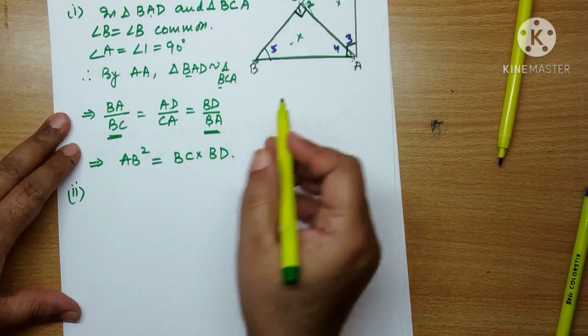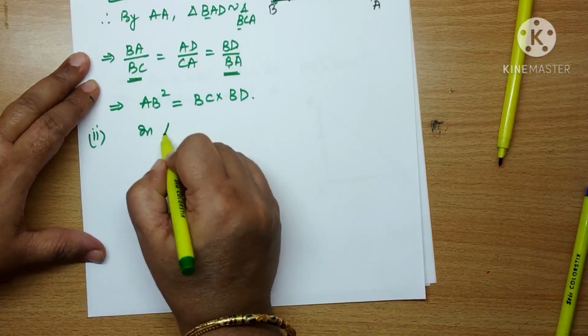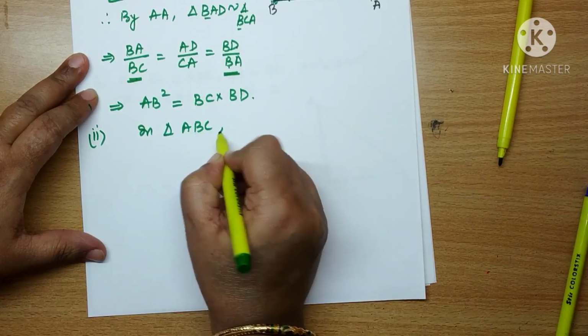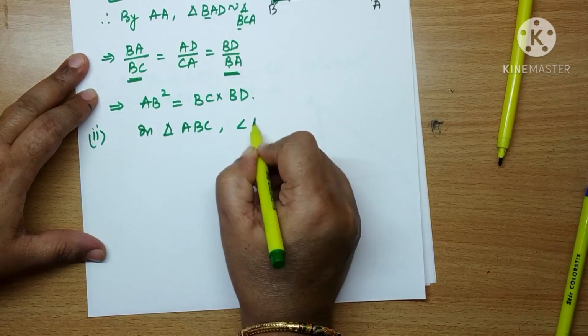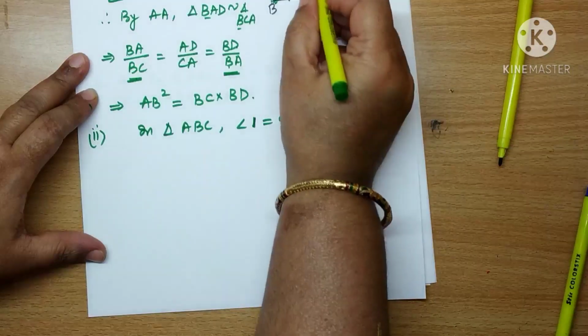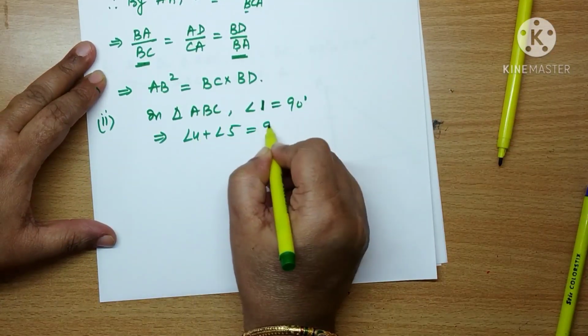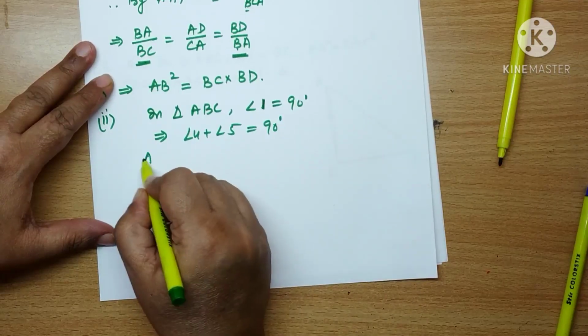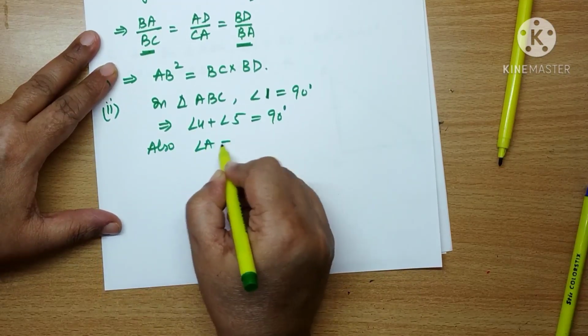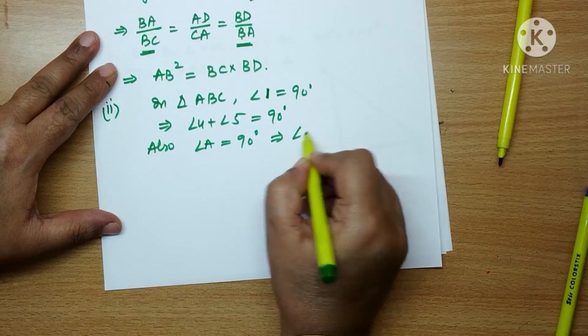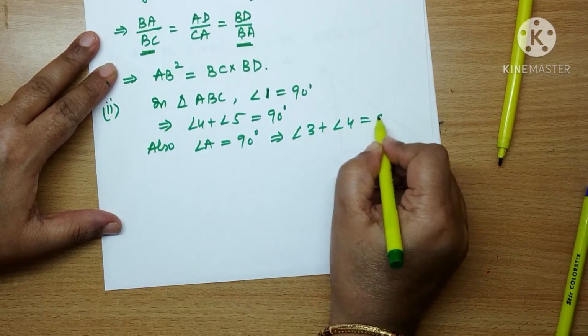Now in triangle ABC, I have angle 1 is 90. If angle 1 is 90, this implies angle 4 plus 5 is 90. Also, angle A is 90 implies angle 3 plus 4 is 90.